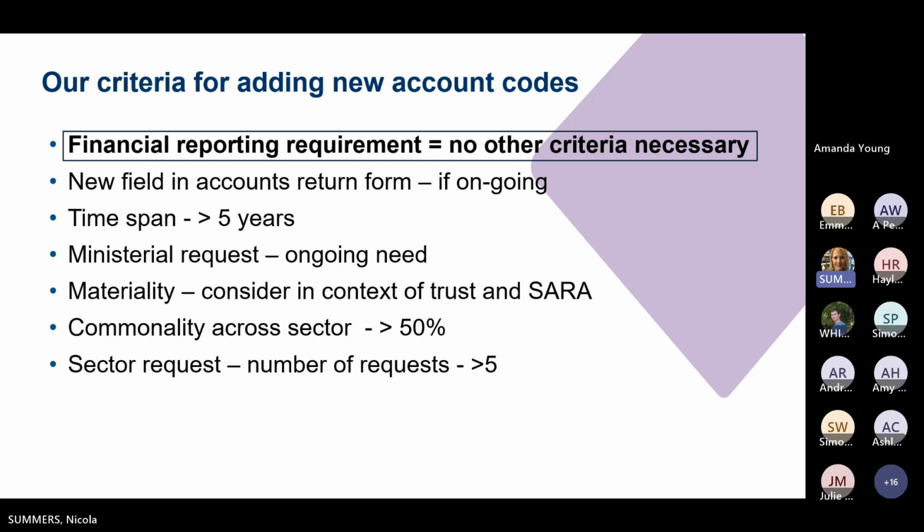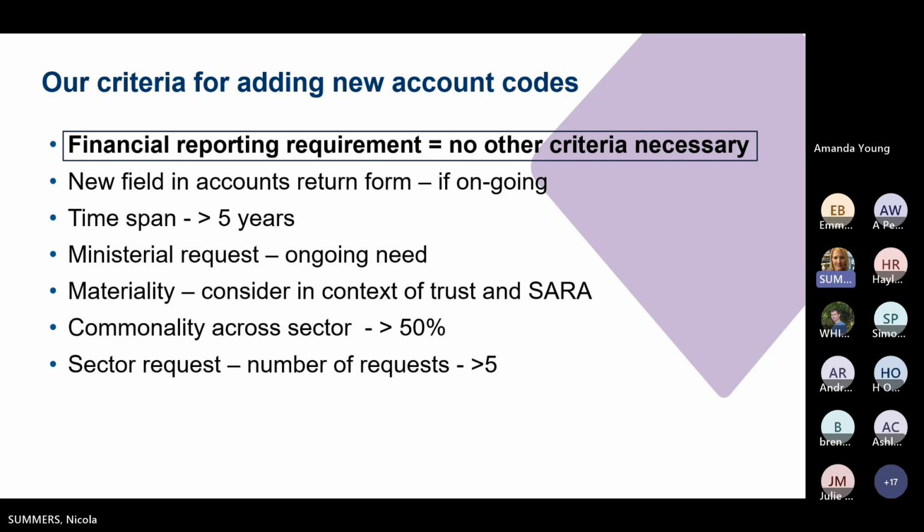So I just wanted to talk a little bit about our criteria for adding new account codes. Firstly, if it's a financial reporting requirement, that is a standalone consideration, and we have to implement new account codes. Also, if there's a new field in the accounts return form and it's ongoing, then we'd also add a new account code. Other considerations, we often consider in tandem with other ones.